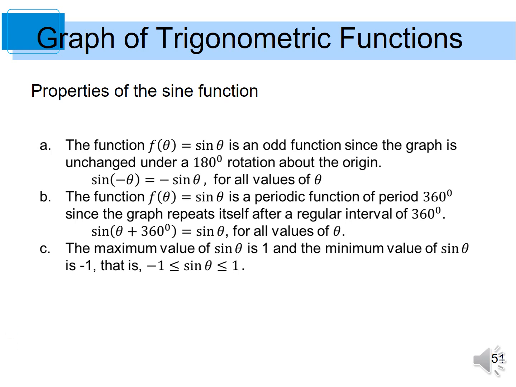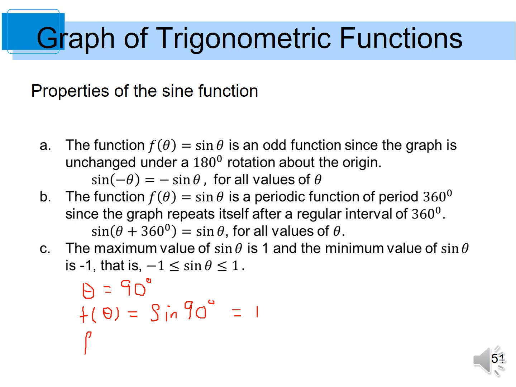I'm going to show you. You can let theta be 90 degree. So f of theta, since theta is equal to 90 degree, you can write sine 90 degree, where sine 90 degree is equal to positive 1.